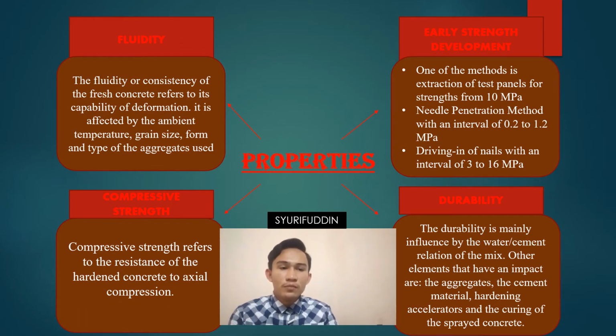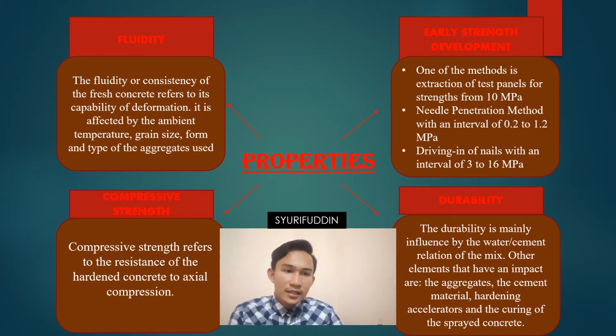Then we go to the properties. Number one is fluidity. The fluidity or consistency of the fresh concrete refers to its capability of deformation. It is affected by the ambient temperature, grain size, form, and type of the aggregate used.